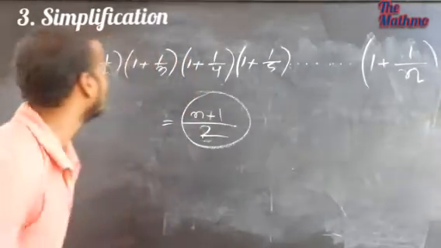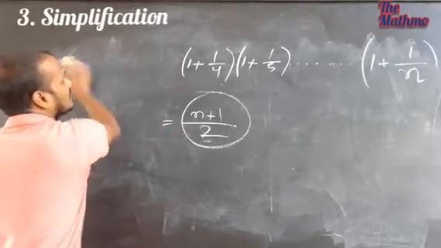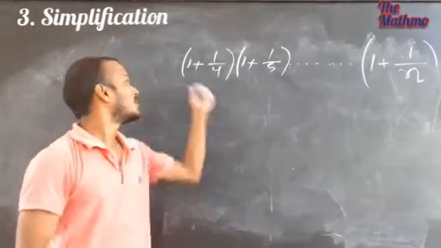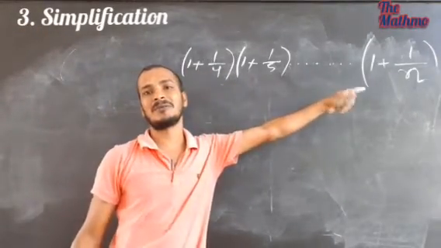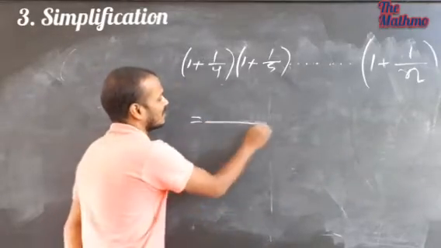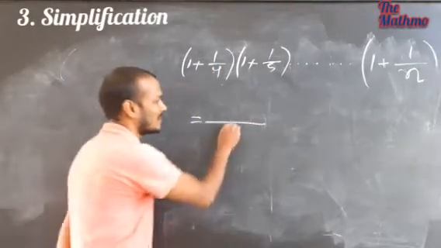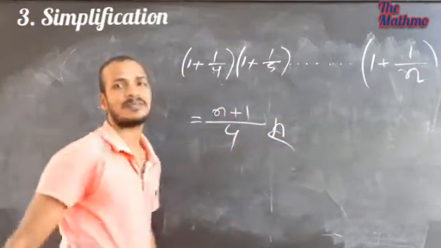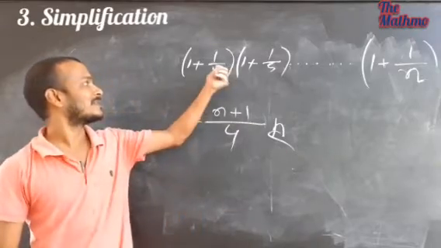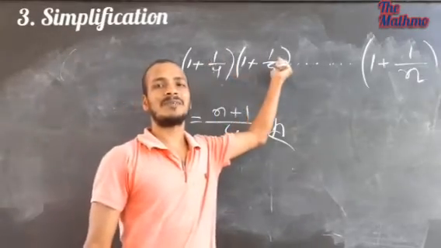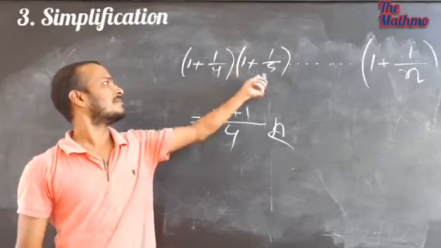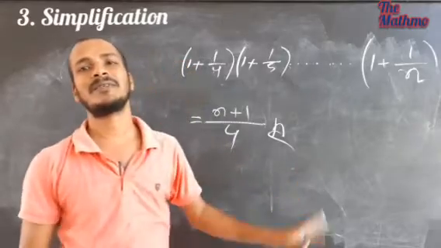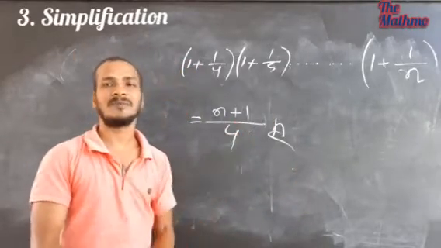What happens if it starts from this one? 1 by 4, 1 by 5, 1 by 6, and so on. Now your first term is 4, so you write 4 and the last one plus 1. That's your answer. You have to see the first term, and the next term must follow it. If it is 4, the next one should be 5, and the next one 6. If it is like this, we can use this formula.